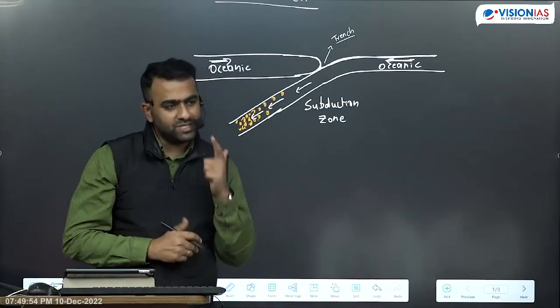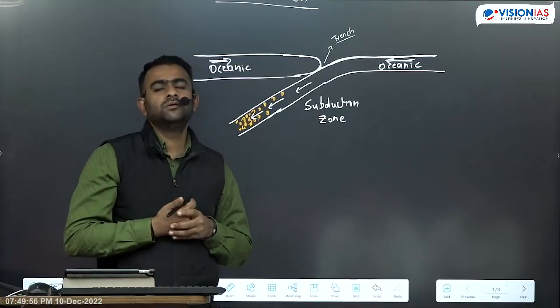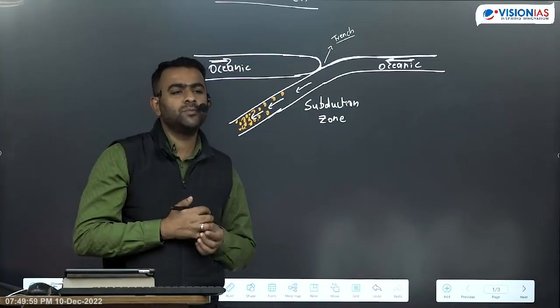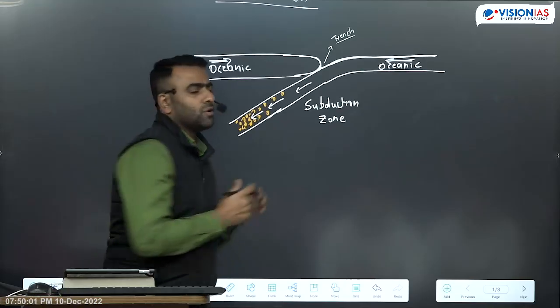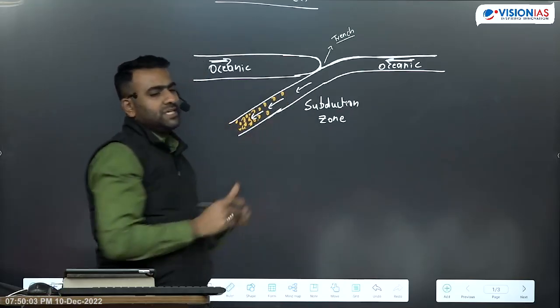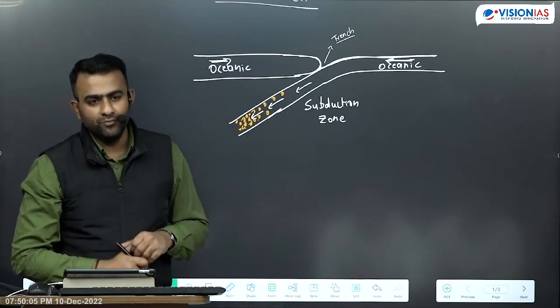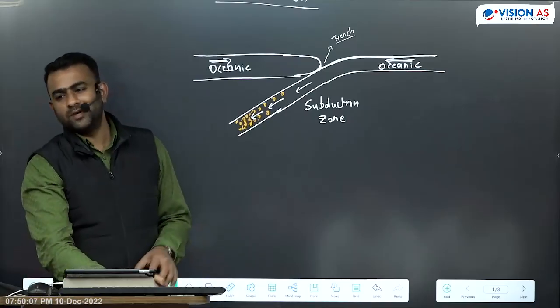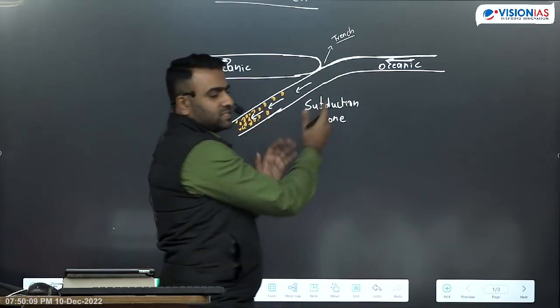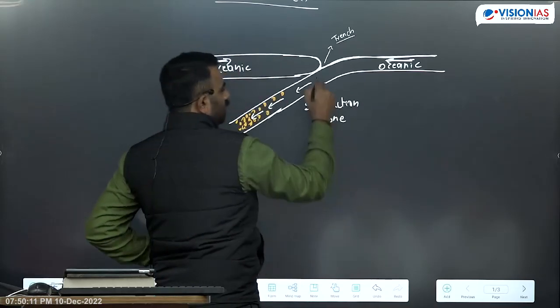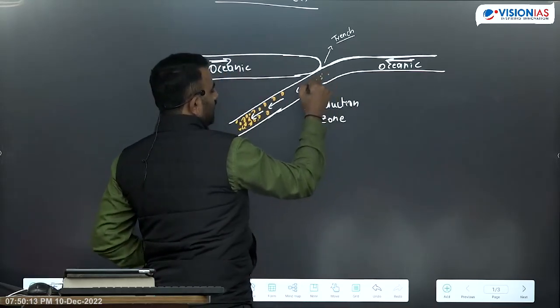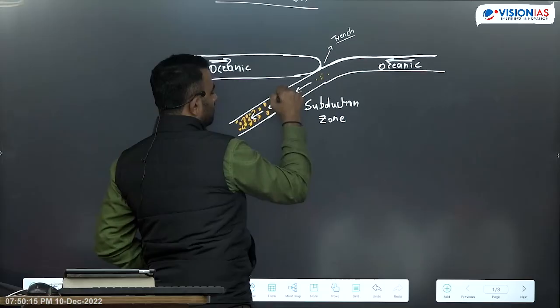The rise in temperature and pressure causes the formation of metamorphic rocks. The rocks of this entire lithosphere will start to change their nature. We see a large number of metamorphic rocks in this region. It starts with metamorphism. The rock undergoes metamorphism, and gradually it starts to melt completely.